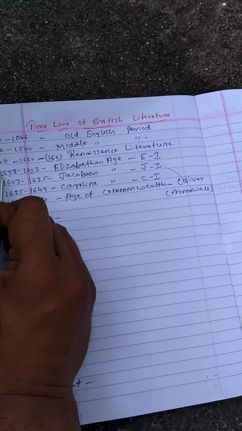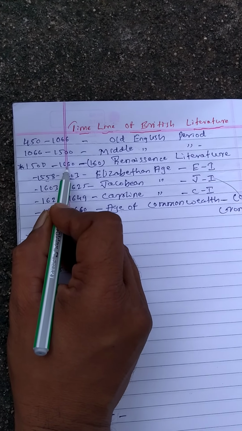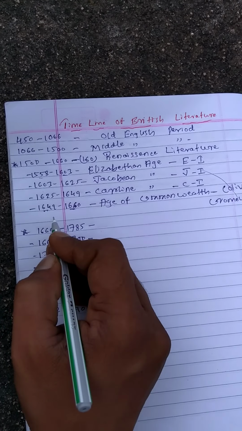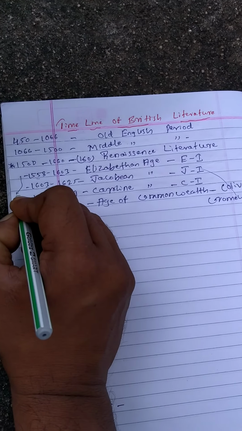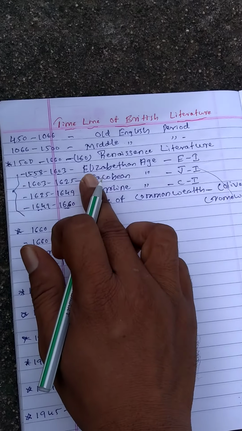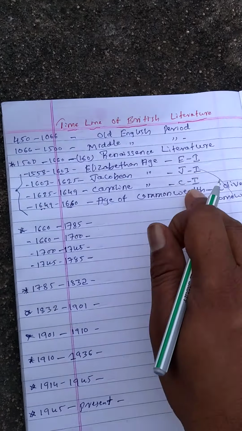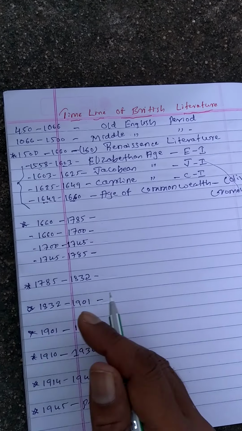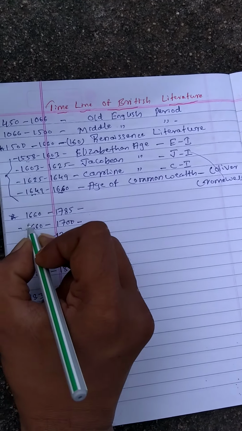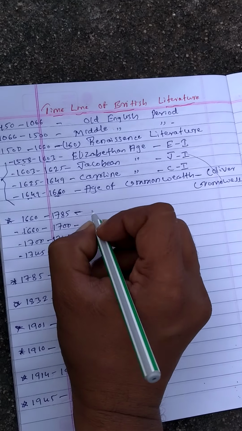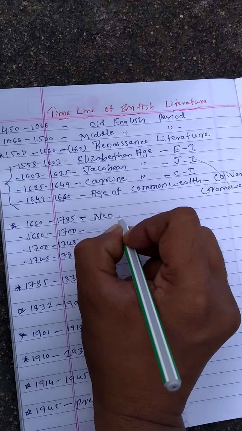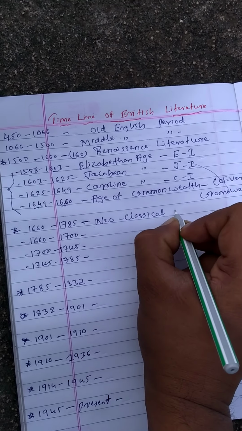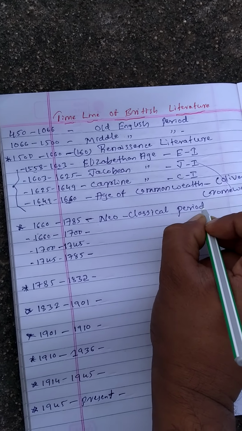So from 1558 to 1660, these four ages are called Renaissance literature in British literature. You have to remember. After this, from 1660 to 1785, we call this time period the neoclassical period in British literature.